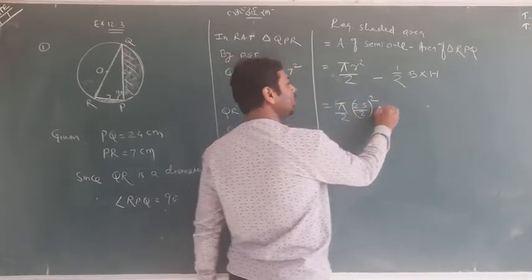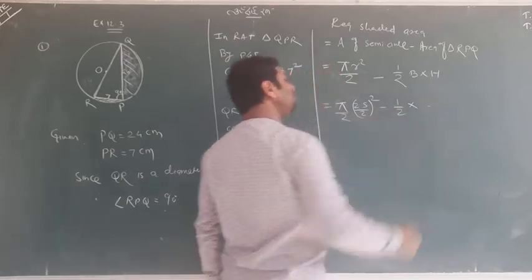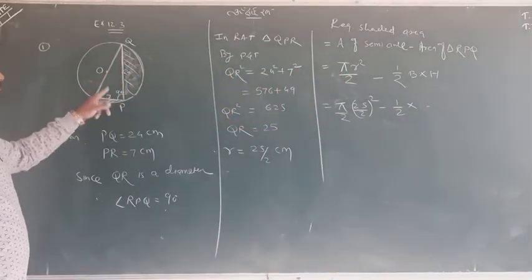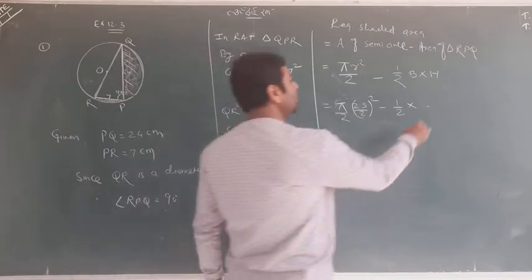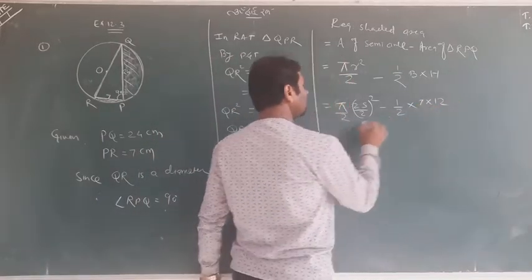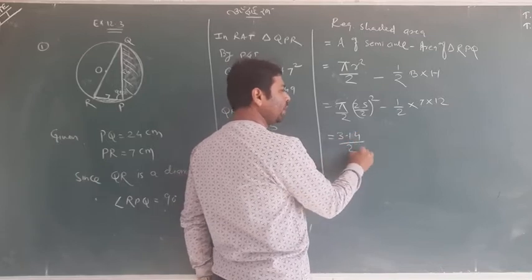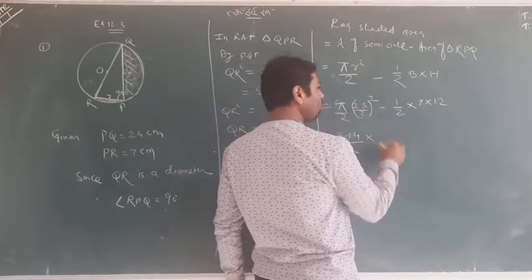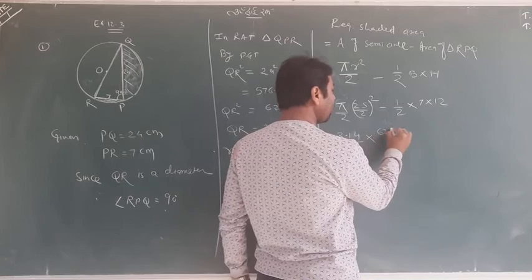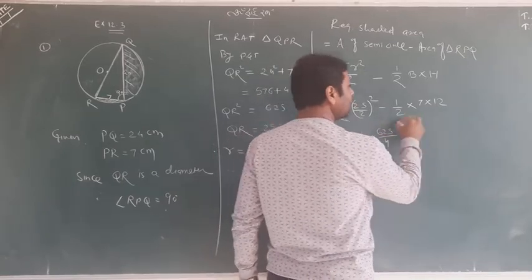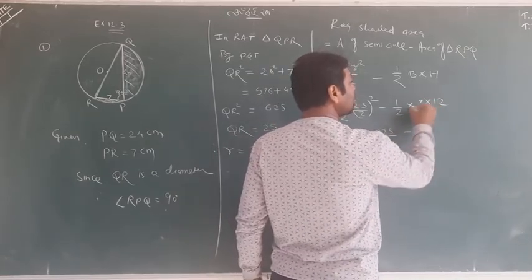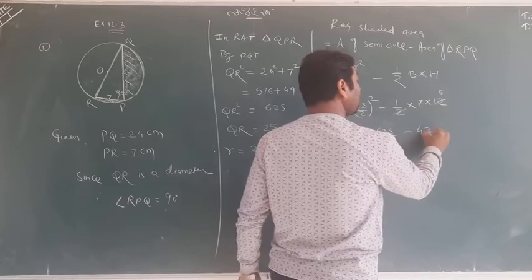I will write here 1 upon 2, base into height, so base of the right angle triangle is 7, into 24. So your answer is, I think, 3.14 is good to put there. 25 by 2 square means 625 by 4, minus, and we can cancel 6, 2, 6 and 42.